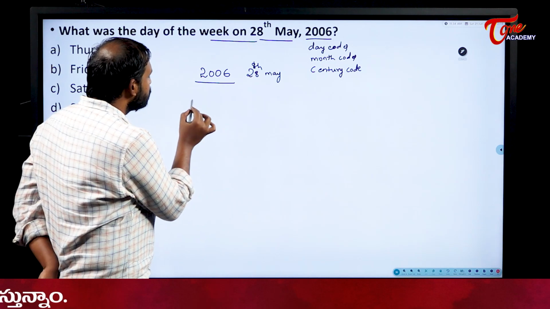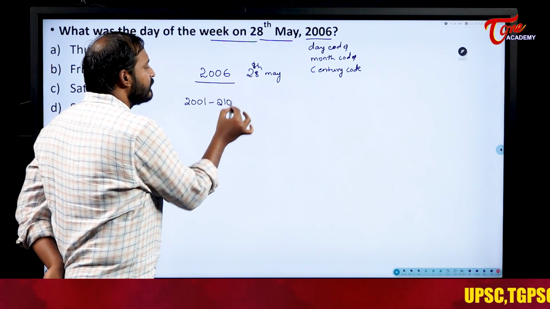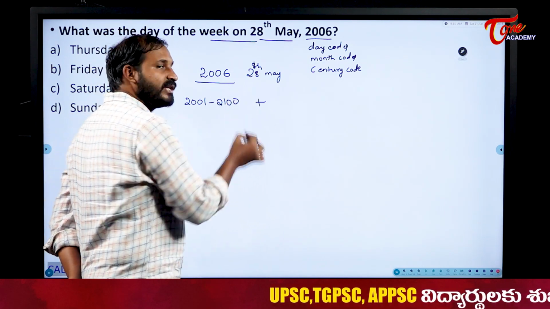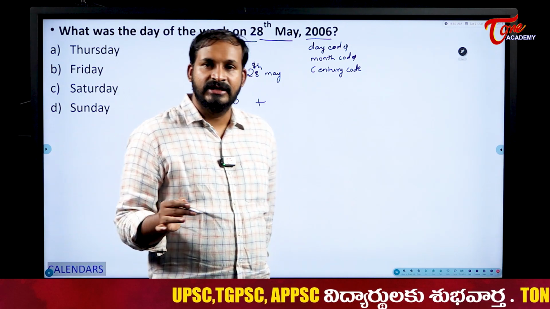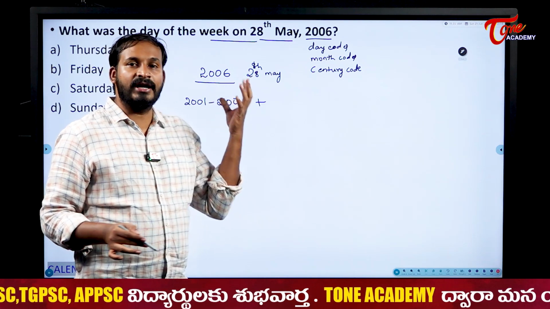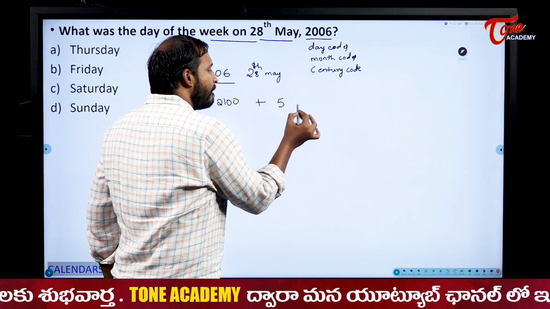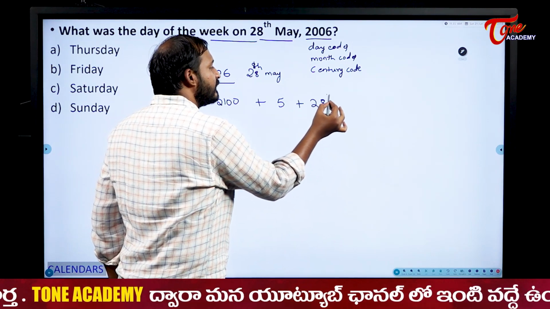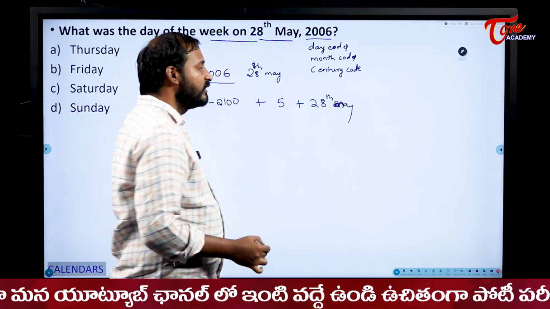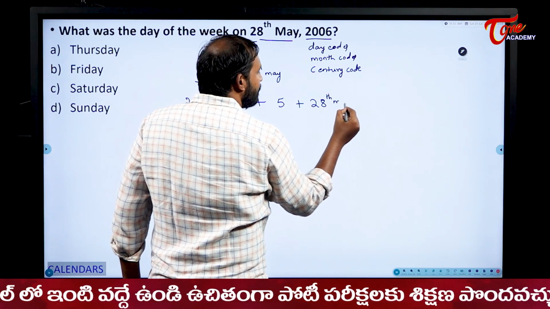That means 2006 belongs to 2001 to 2100, plus in the same century how many years are completely finished? Actually we are finding a date in the year 2006, so 5 years are completely finished, plus 28th May. This is 28th May of 2006, so directly I am writing here 28th May.